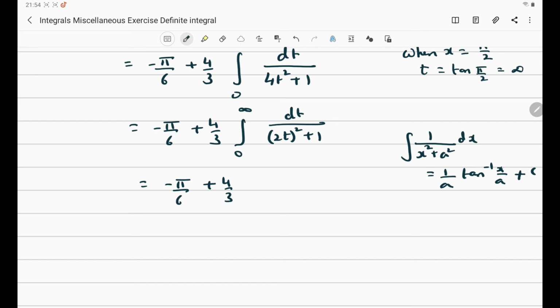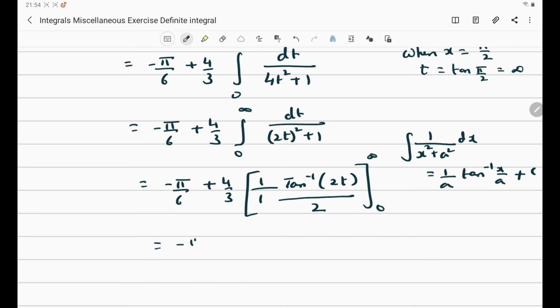So making use of this identity, we get 1 by a is 1 by 1 tan inverse of 2t, and since the coefficient of t is 2, we should divide this by 2, and now we put the upper limit and lower limit as infinity and 0.